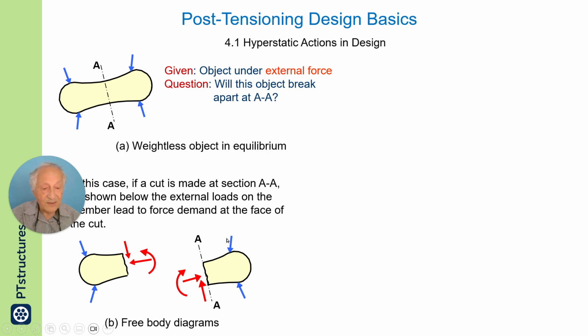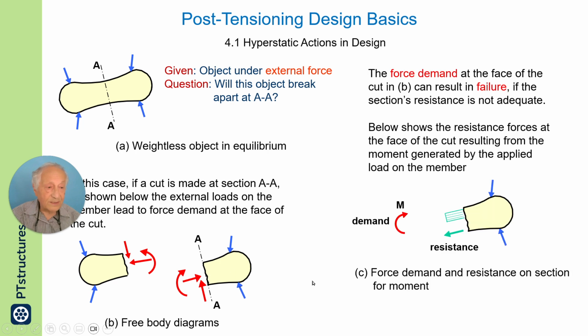You would say, these external forces can result in a moment and shear here, and the section must develop on the resisting side compression and tension to resist the moment.